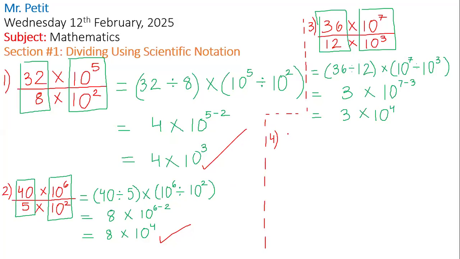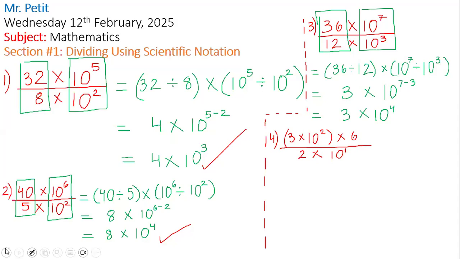Let's say we have 3 times 10 squared multiplied by 6, all over 2 times 10 to the power of 3.